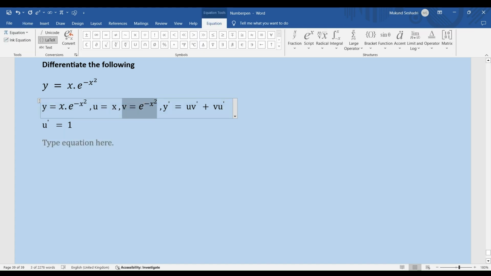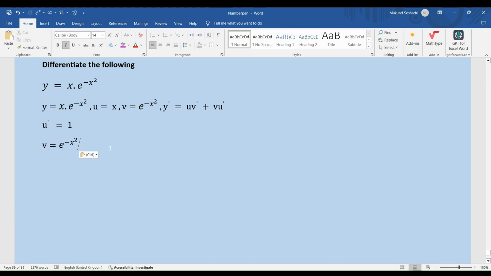What is my v? My v is e to the power minus x square, right? So looks like I have two functions within v. I have an e to the power function, and then I have a minus x square function, right? So looks like we have a simple application of chain rule here. So what does my chain rule state?